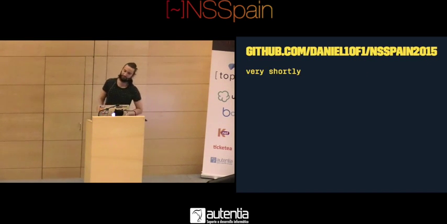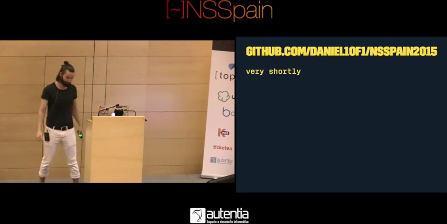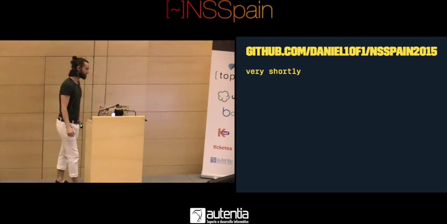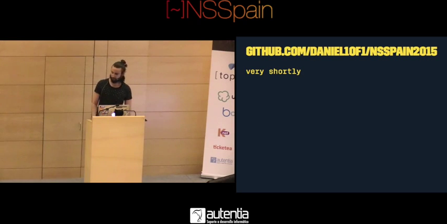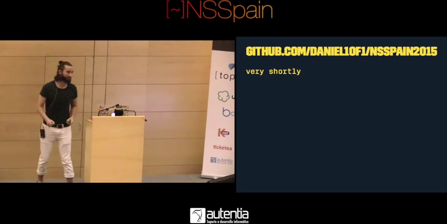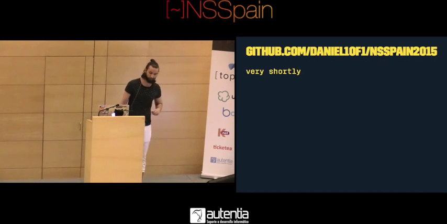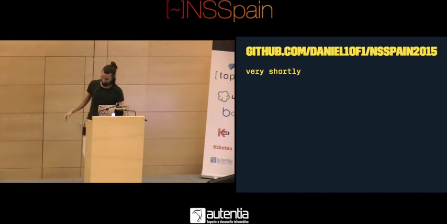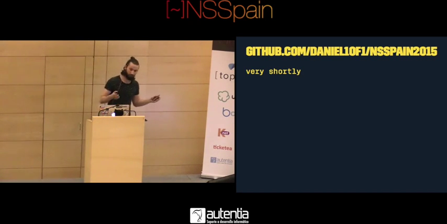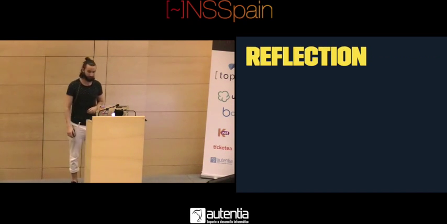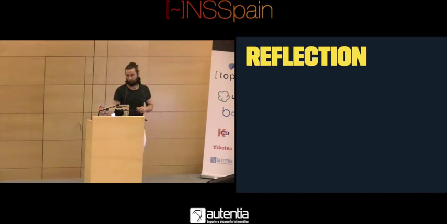So if you please go to github.com/Daniel1of1/NSSpain 2015, you will see that there in a few hours, maybe tomorrow on the weekend, I'm not sure. But this would just be a demonstration of having some code that will override basically the default or the initializer for UI image, image named, and return you an image with the data of my cat.